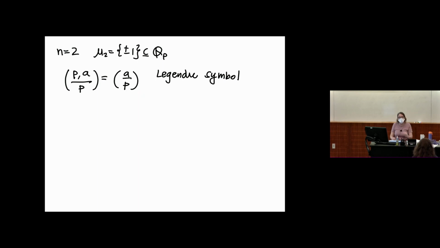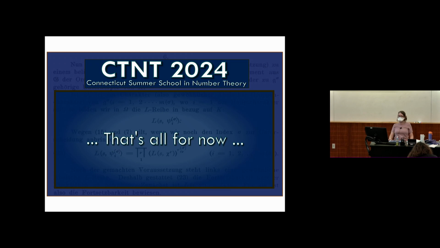That's actually really hard, even with class field theory. It's not telling you how to make the extension. There are some cases in which we can do it, and that's what we'll try to compute. All right, that's all for now.